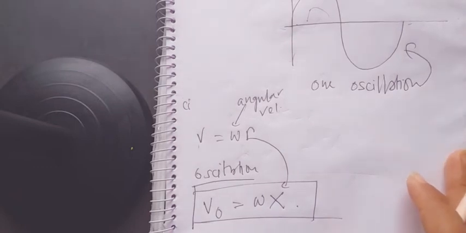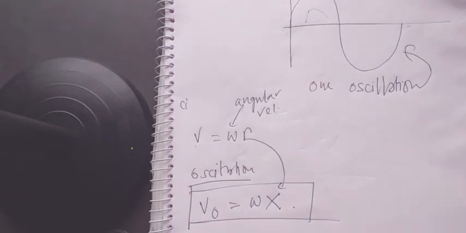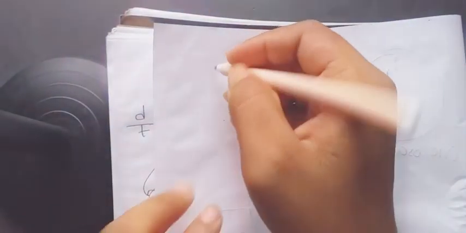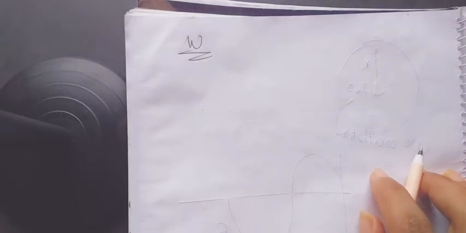The other thing that you need to know is that in many of the equations we saw that we need omega, but calculating omega is not that easy. It's complicated, as you have to know the theta covered per time.